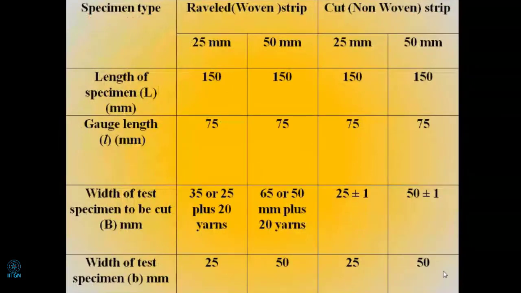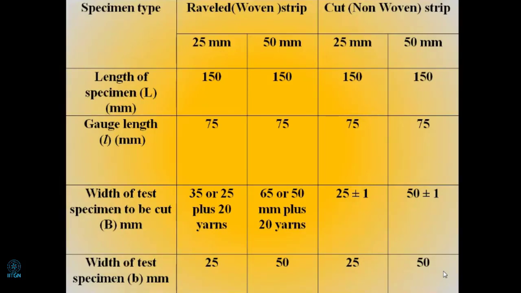This table shows, as per ASTM requirement, the sizes of the woven and non-woven samples. Total specimen length should be fixed at 150 mm. Gauge length is also the same in both cases, 75 mm. Then the width of the test specimen varies.